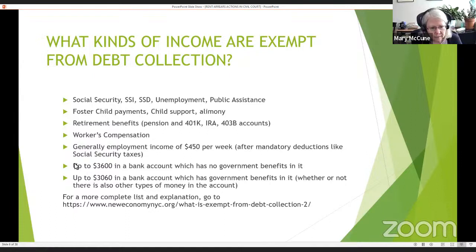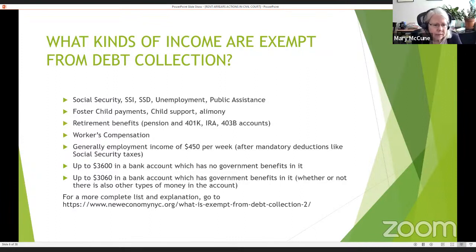Also, in terms of bank accounts, if a debt collector has the right, or a creditor has the right to collect a debt from you, this is how much the law protects of income or money in your bank account. This again is highly confusing. I don't know why they did it this way, but if you don't have any government benefits in your account, the law protects up to $3,600 per bank account.